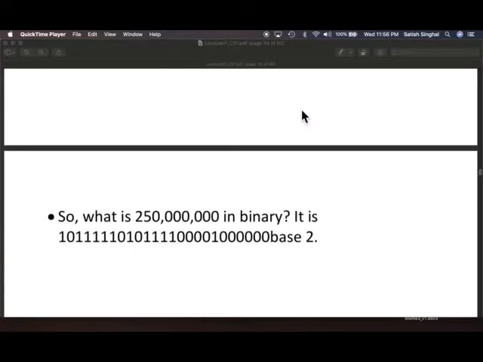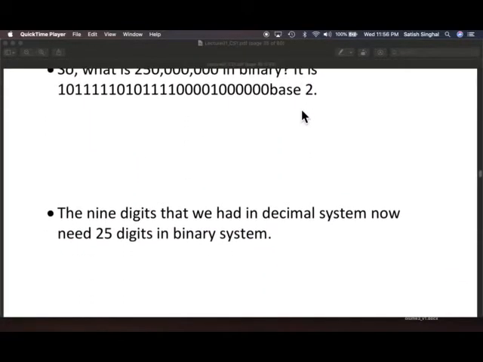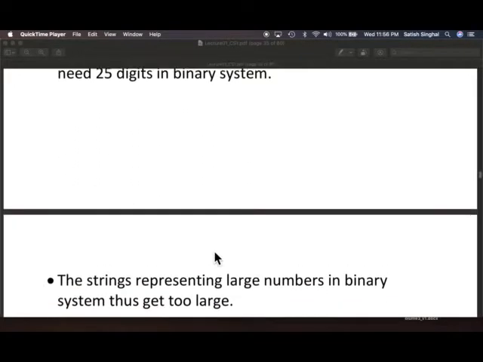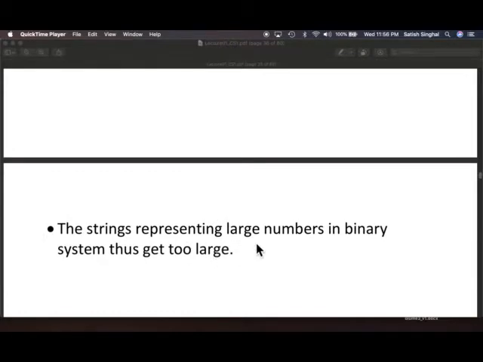All of a sudden, in binary, that converts into 25 digits. Large numbers in the binary system get too large, with too many digits.